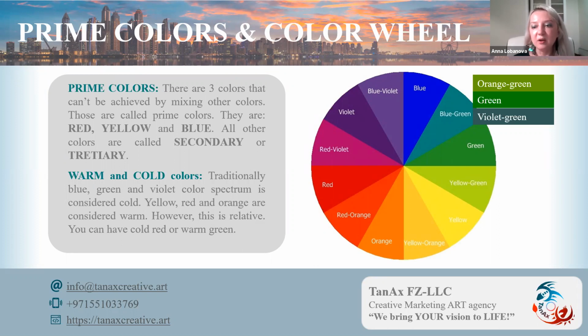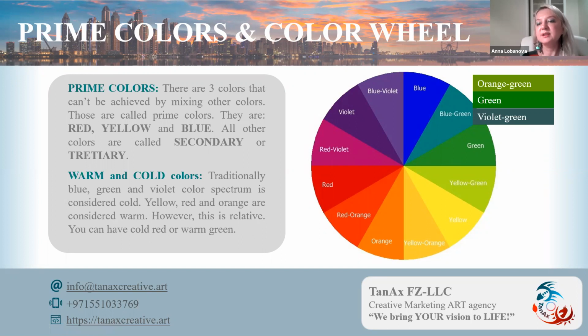Secondary would be a color when you mix equally 2 primary colors. Example would be violet. So if you go and mix blue plus red, you will get violet. If you mix red and yellow, you will get orange. If you mix blue and yellow, you will get green. So this is the idea of secondary colors.